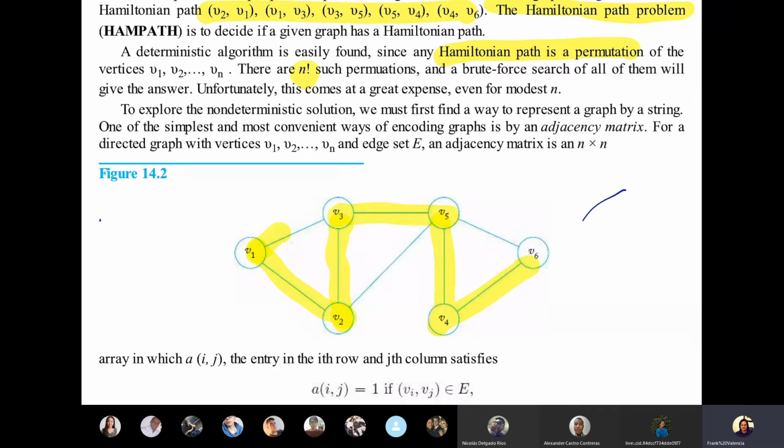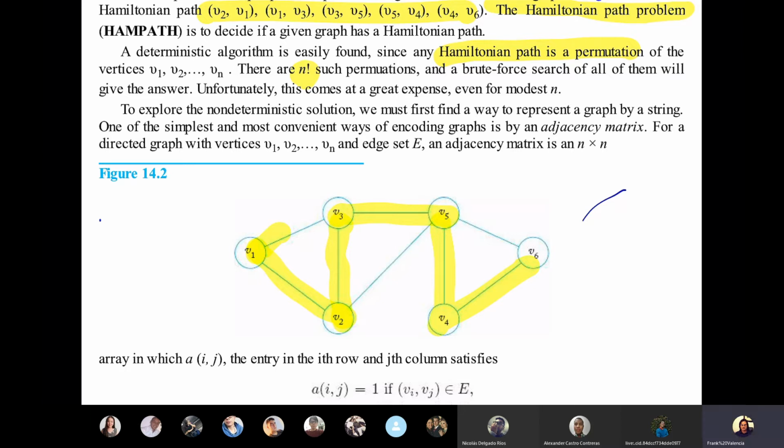Why does it work? Because I will never say yes if the graph doesn't have any Hamiltonian path. Because whenever my guess does not work, I don't say anything.